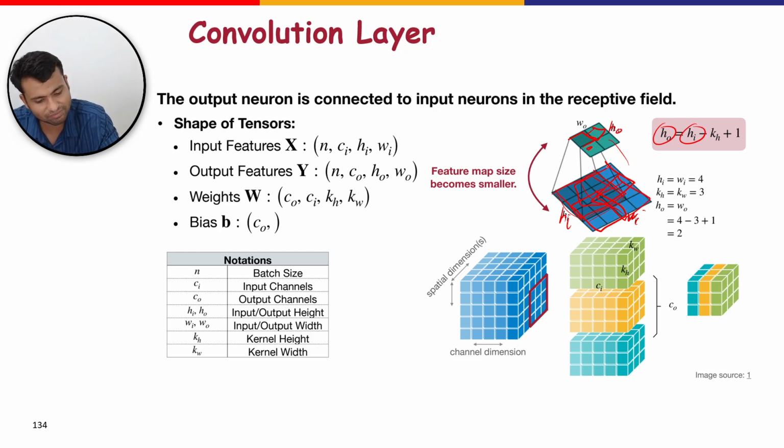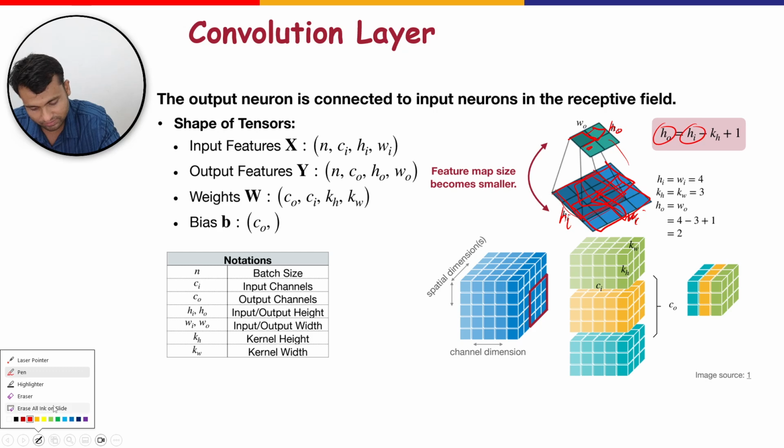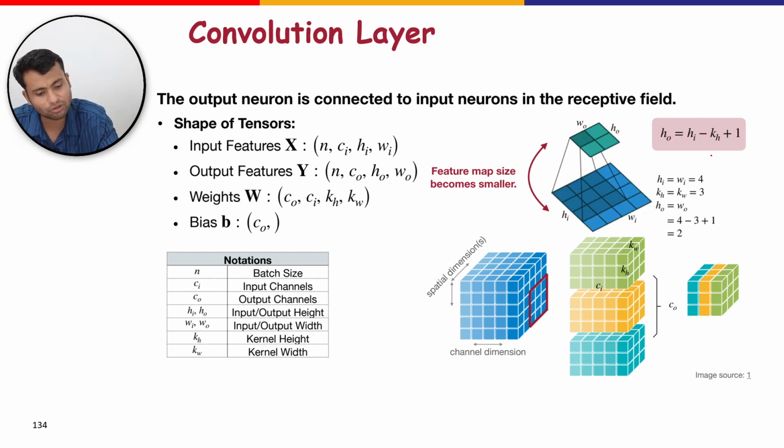In this diagram it's a little dirty actually, let me just erase it. But this is a very simple formula to figure this out. If I have to calculate the output dimension, I'll take the input dimension, and then I'll subtract this KH from it, the height of the kernel of the filter, and then I'll add 1 to it.